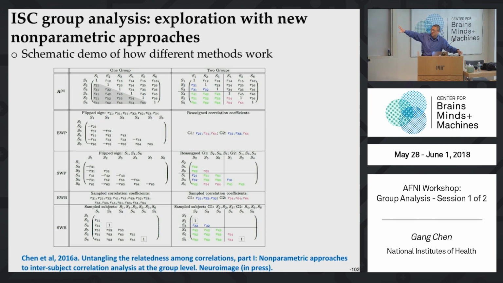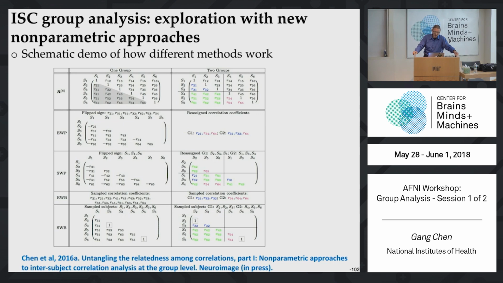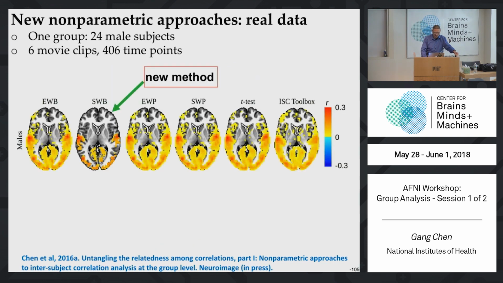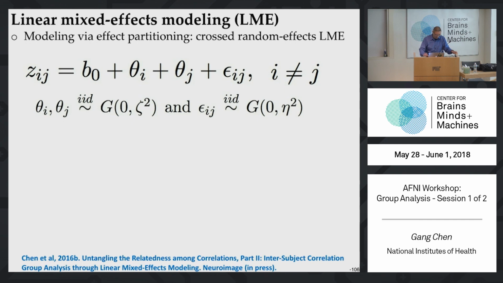We calculate the correlation matrix first, and then shuffle at the subject level, doing subject permutation or bootstrapping, depending on the specific scenario. We performed simulations and showed that the false positive rate control is pretty good, unlike the traditional approach. So that's the nonparametric approach.